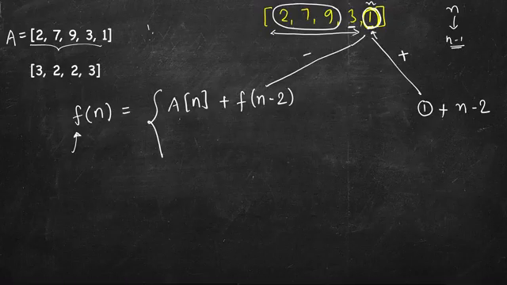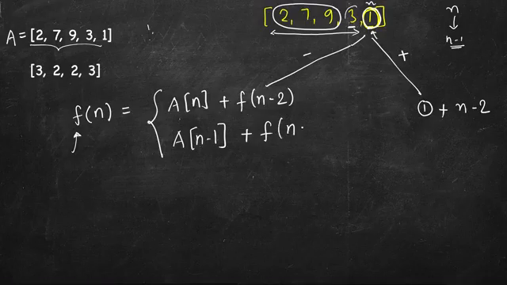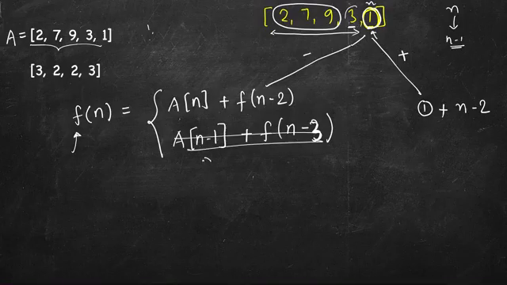The other possibility is that he sees that this is a very small value, and decides to try excluding this one and including the previous one. In this case, the robber will rob n minus 1, and then Fn minus 3. Or Fn minus 1 is already solved, so it will be Fn minus 1.